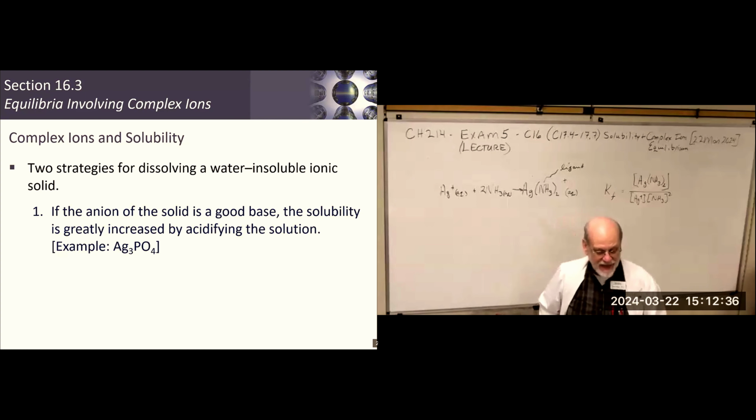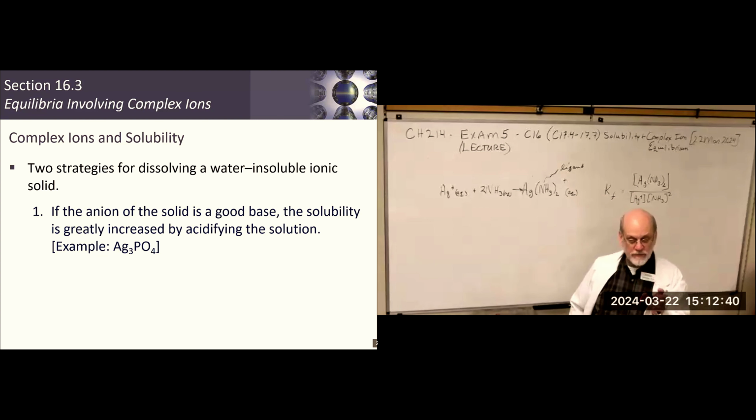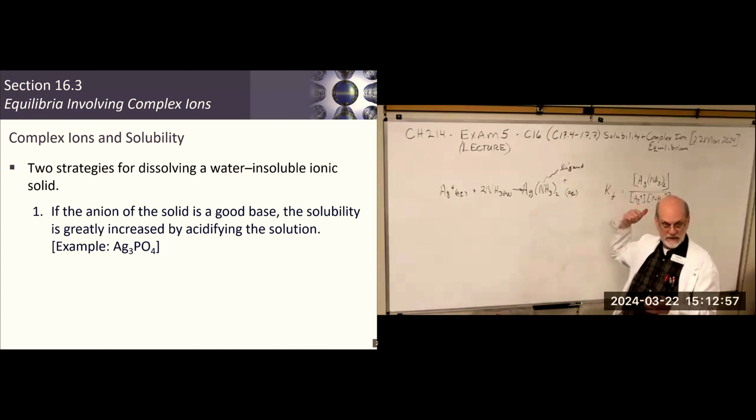Now, if the anion of the solid is a good base, that is, it goes after hydrogen ions with relish, like the phosphate ion, then all you have to do is acidify the solution, just put hydrogen ions in there, and you'll get more solubility.